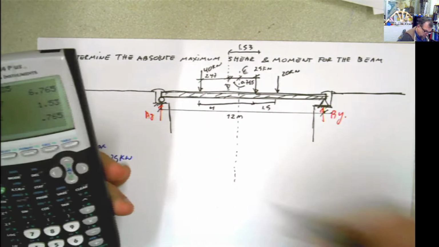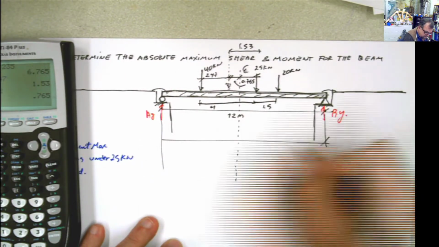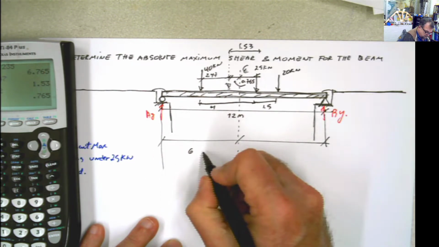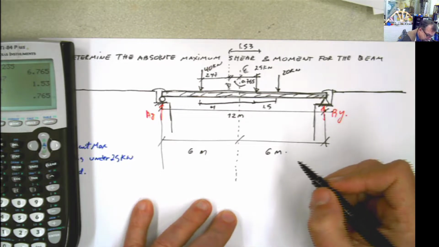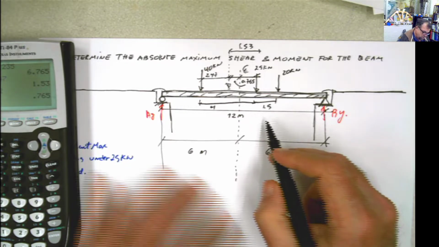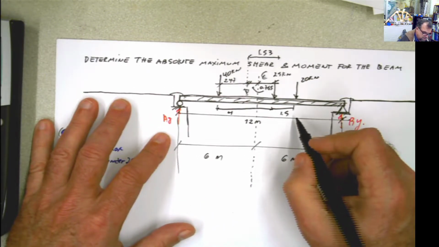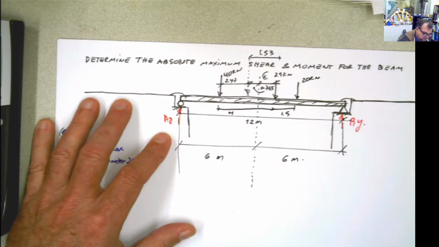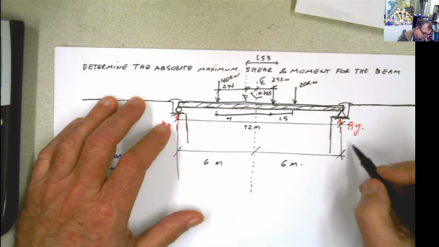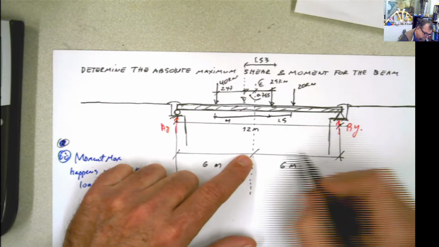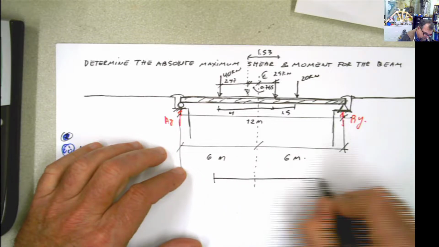Now I also know that this is 6 and 6 here. I need to know the distance from here to here. I can know it because it is 6 minus this plus that. Let's start with the distance from this force to that point.